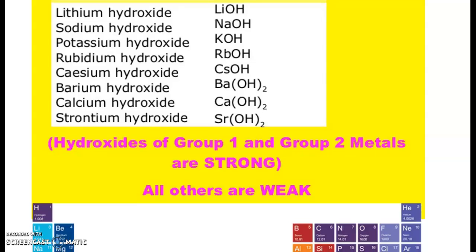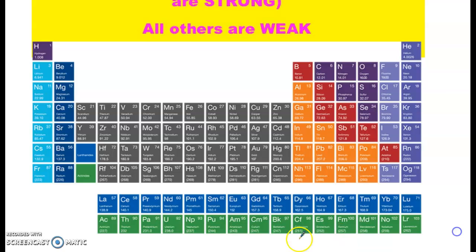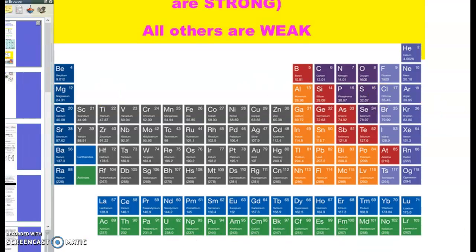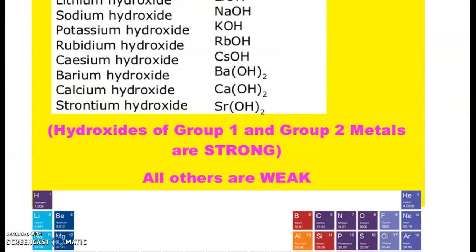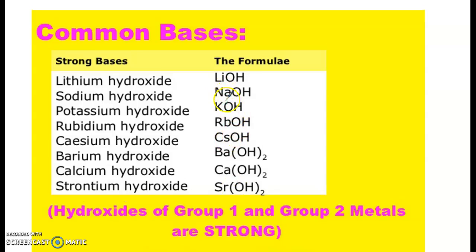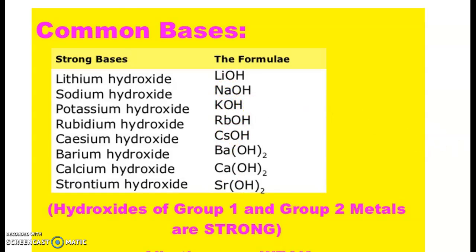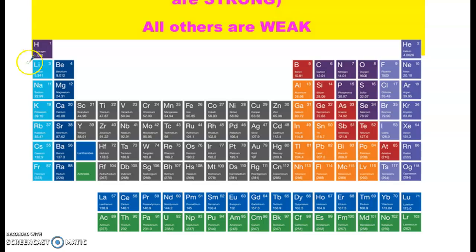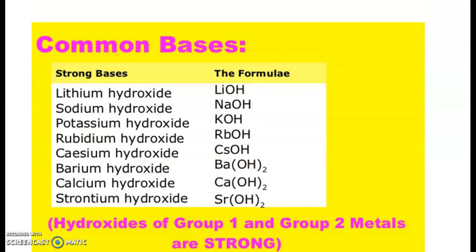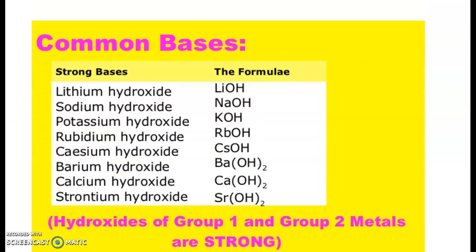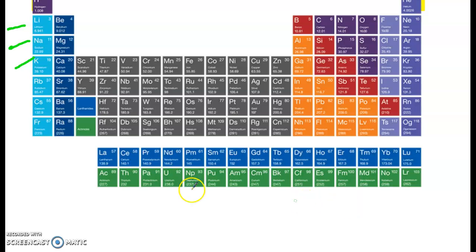It is basically the alkali metals and alkaline earths. So it would include lithium, sodium, potassium with hydroxide, and barium, calcium, strontium.